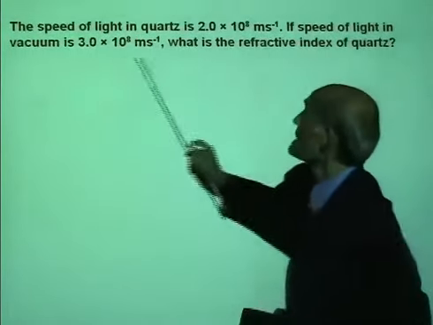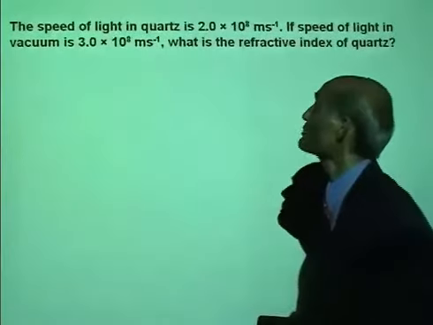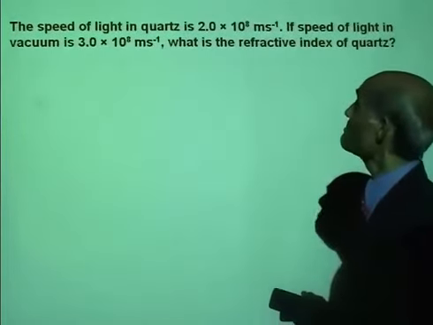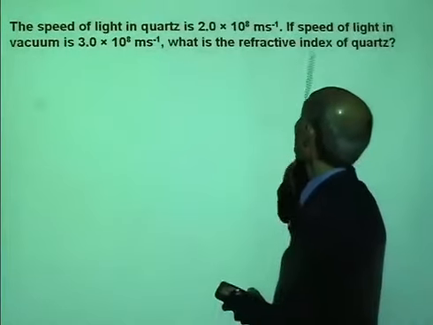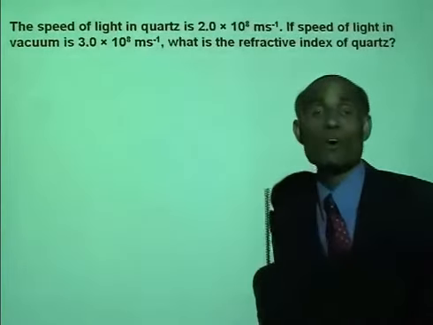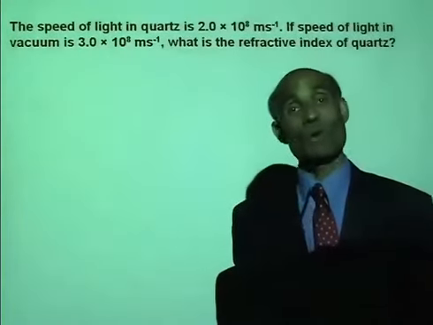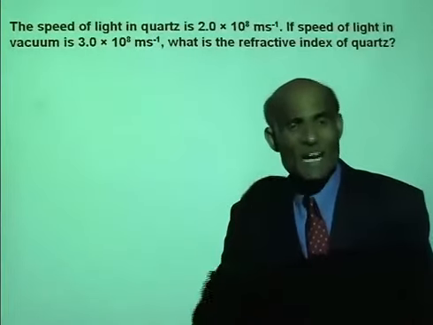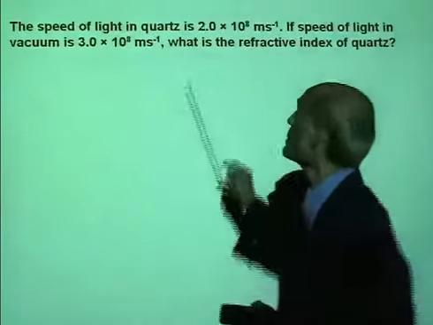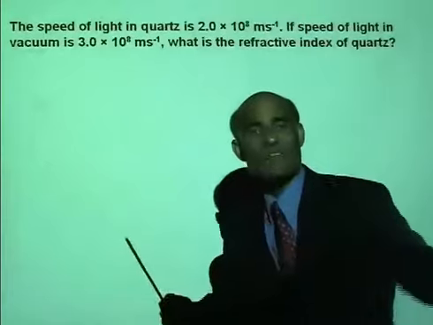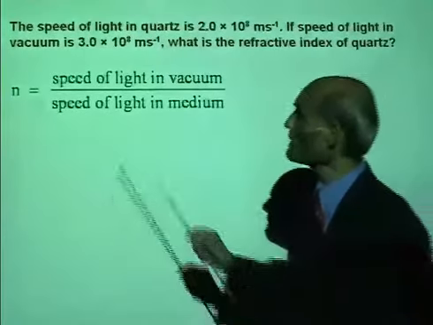If speed of light in vacuum is 3 times 10 to the 8 meter per second, what is the refractive index of quartz? Well, all you need to do is write down that formula and put these values where they belong. What's the formula?